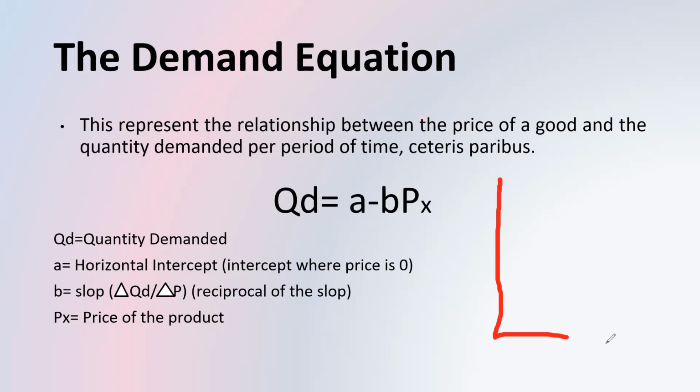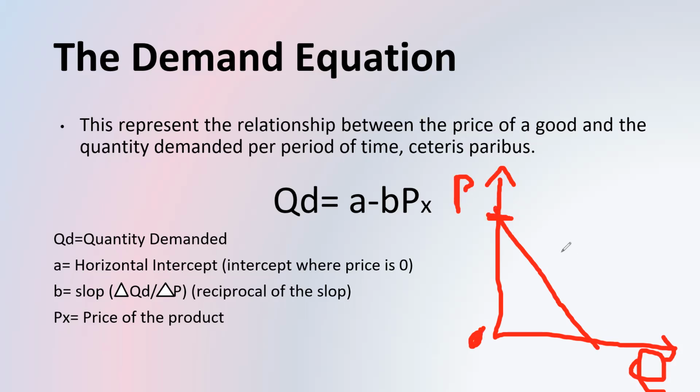Here, this is price and this is quantity. So when price is equal to 0, how much is the quantity?